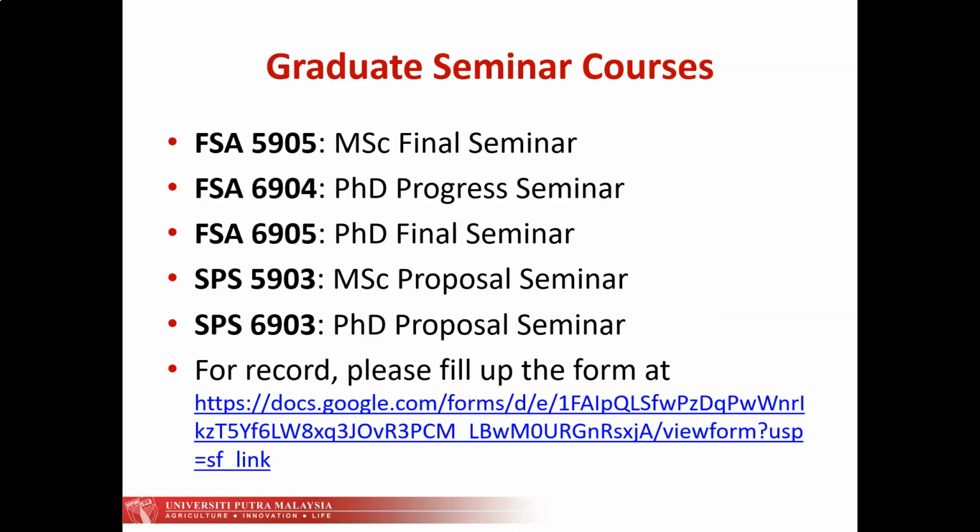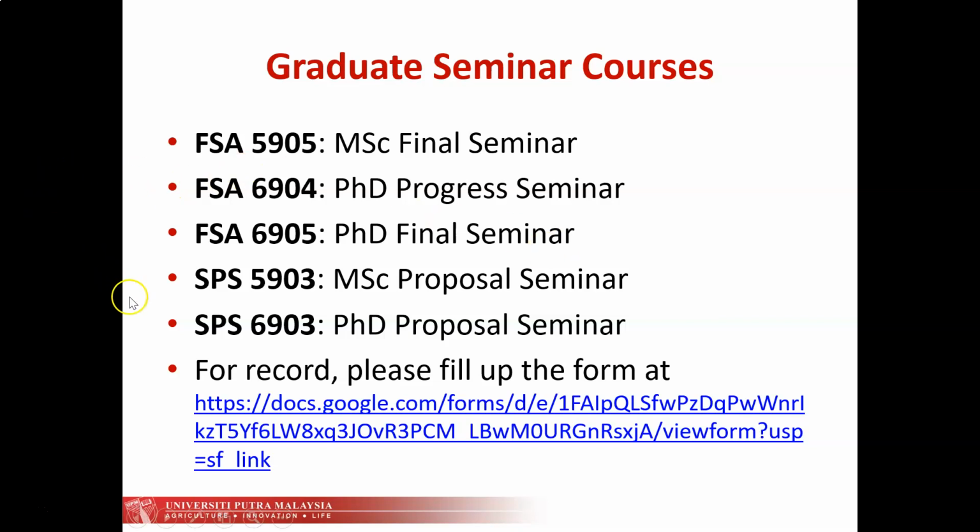Because of these different codes, and because later on I have to key in your marks, I will need to know who is registered for what. So I've already put up a Google form. Initially, I shared it rather than making it secure through the send Google form, so I've made a new Google form.